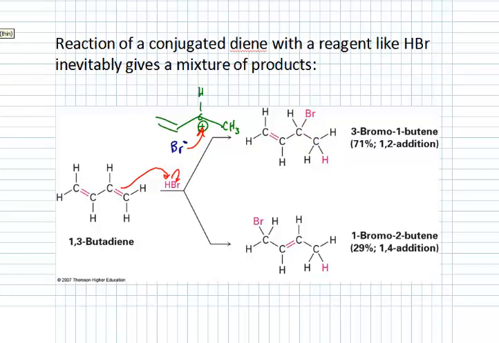And it's very important you realize that whenever we say 1-2 addition, we're not talking about the IUPAC numbering. We're not talking about how we would number this compound, because we would number this one starting with the double bond over here. No, a 1-2 addition simply refers to the two things that were added in an addition reaction and their relative relationship to each other.